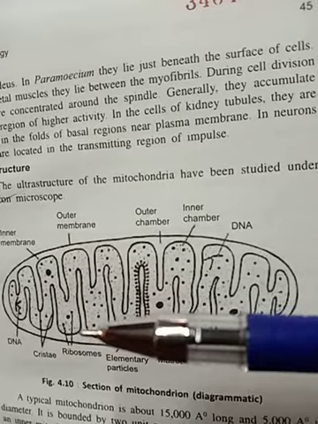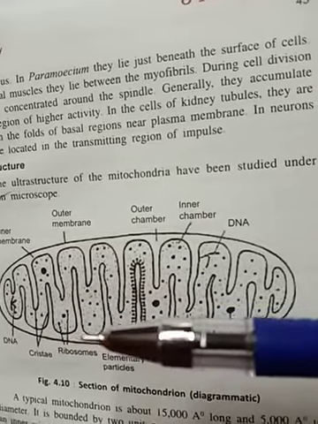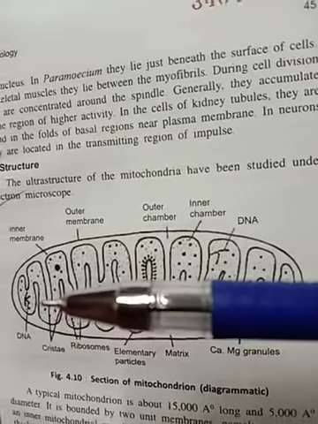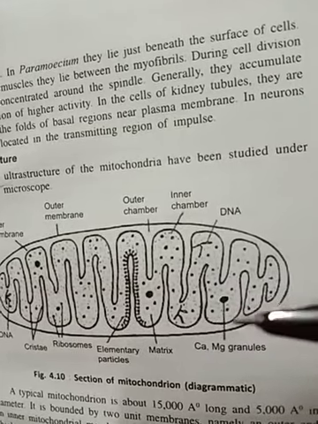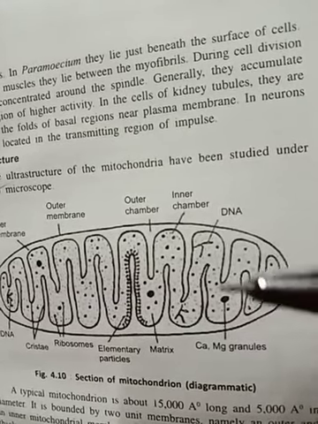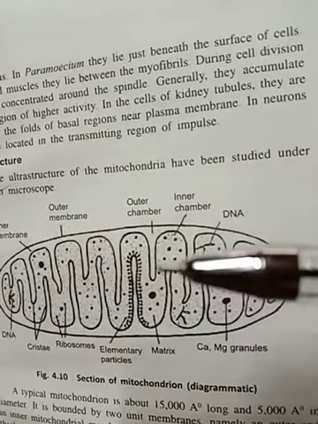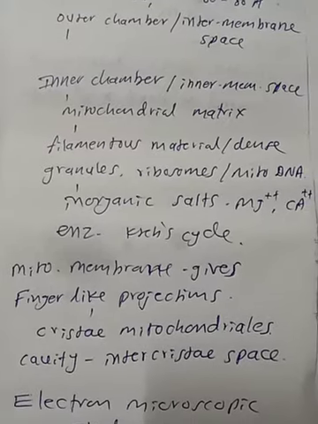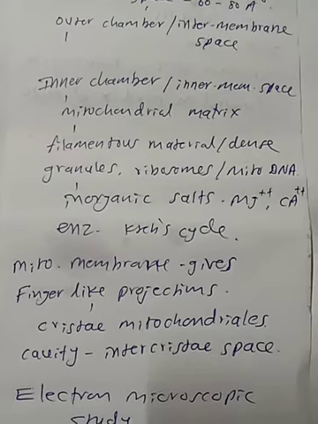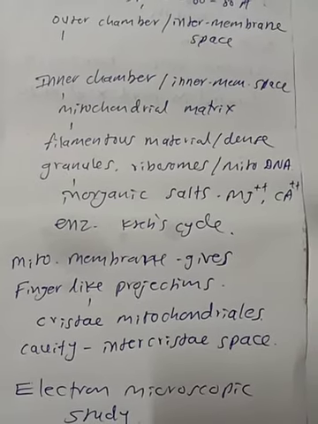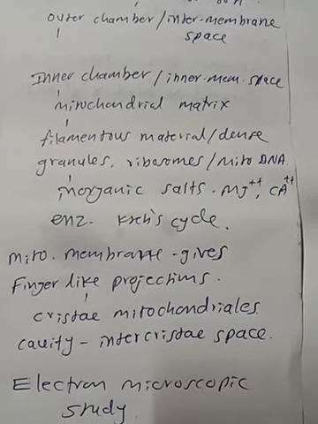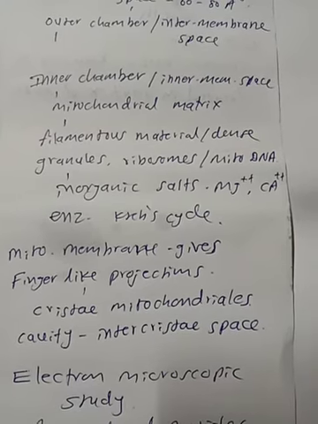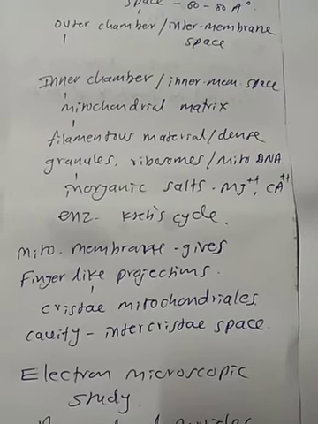So this contains ribosomes, DNA, then calcium, magnesium, etc. in this matrix. The cavity of the cristae is called the intercristae space. It is found to be continuous with the intermembrane space.